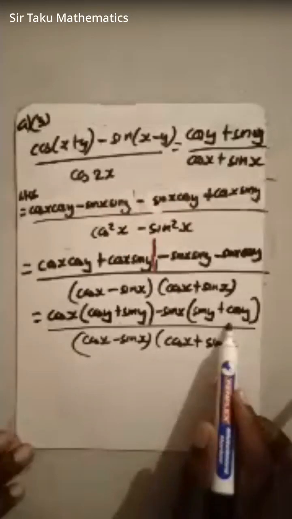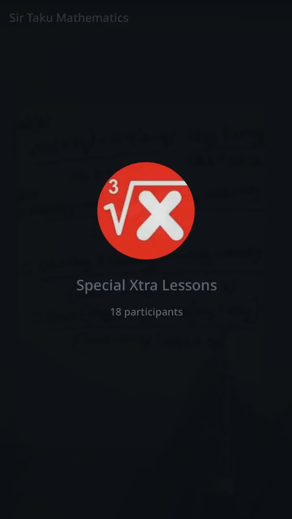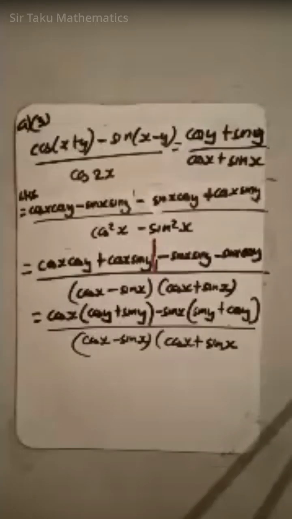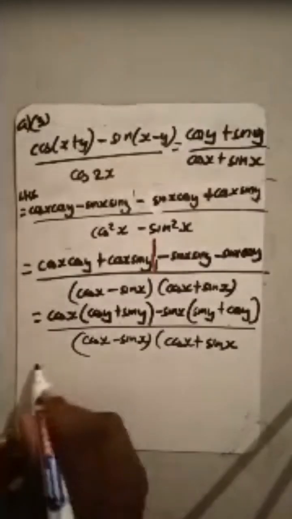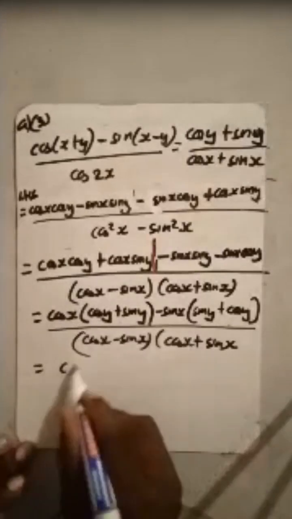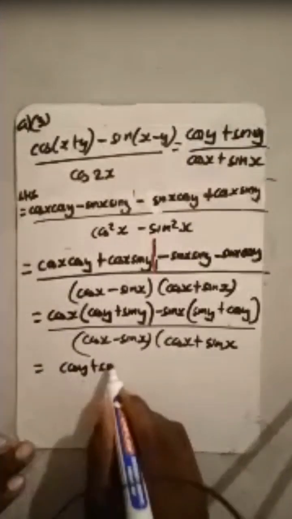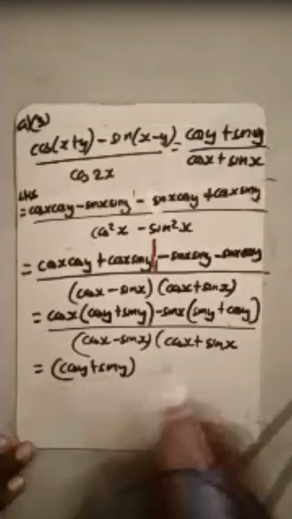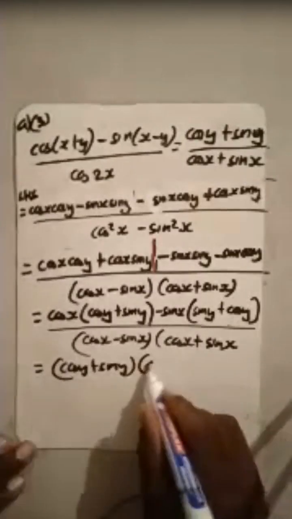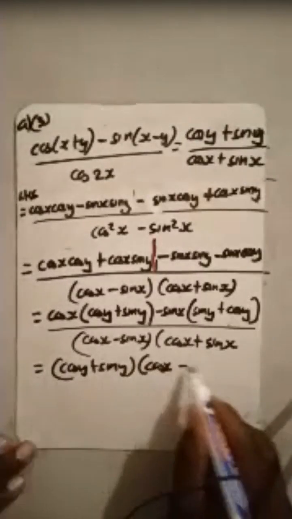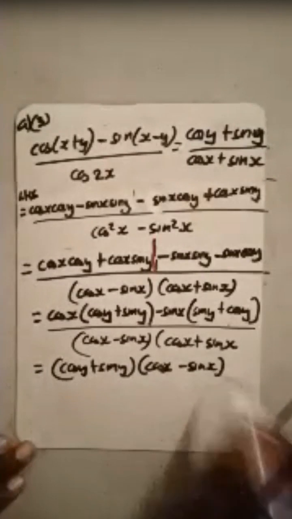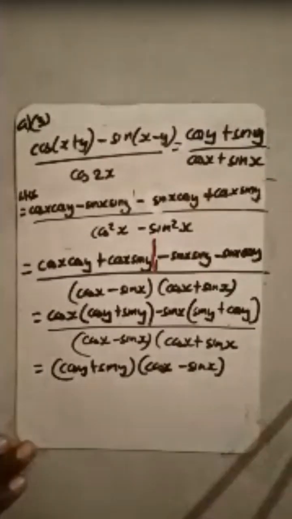Guys, if you check, cos y plus sin y and sin y plus cos y are actually the same. So we have a common factor on top. The common factor is cos y plus sin y, then I'm going to have cos x minus sin x, which comes from the difference of two squares.